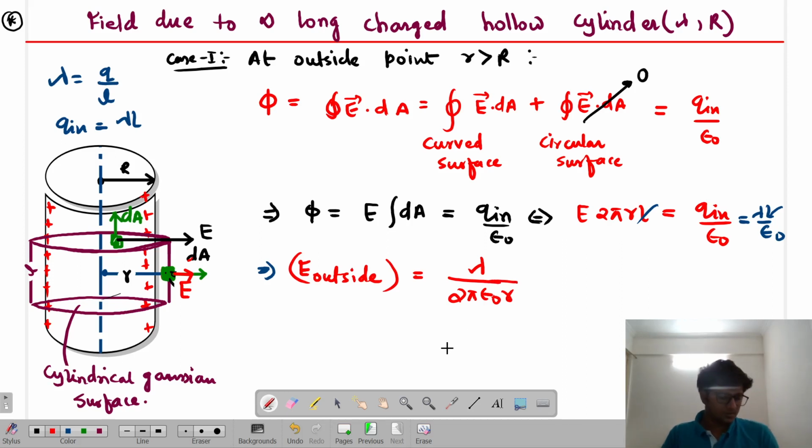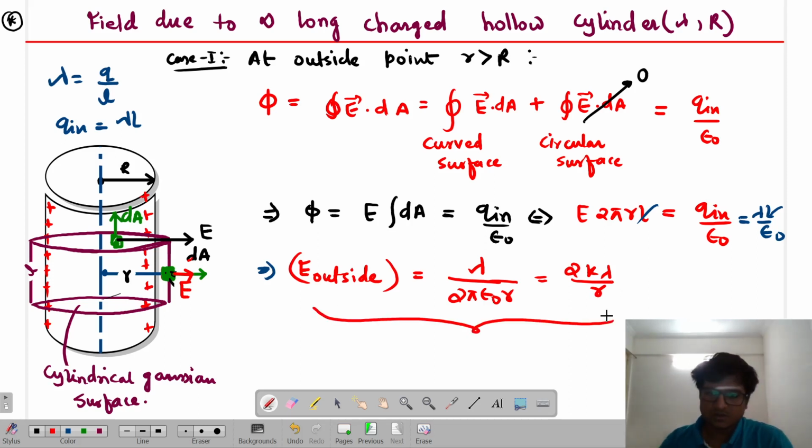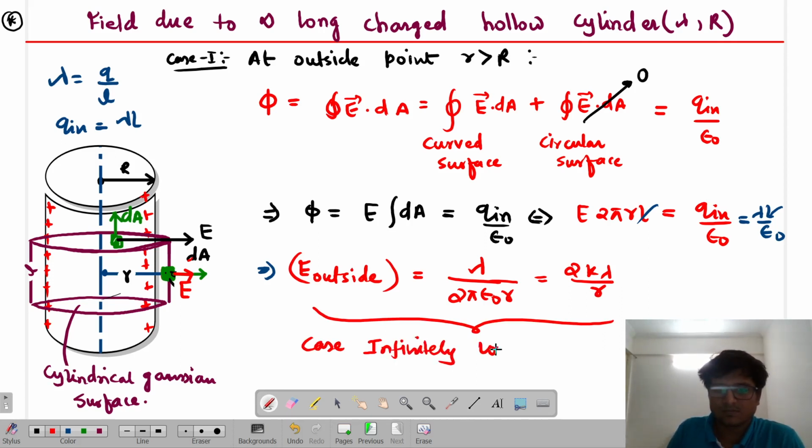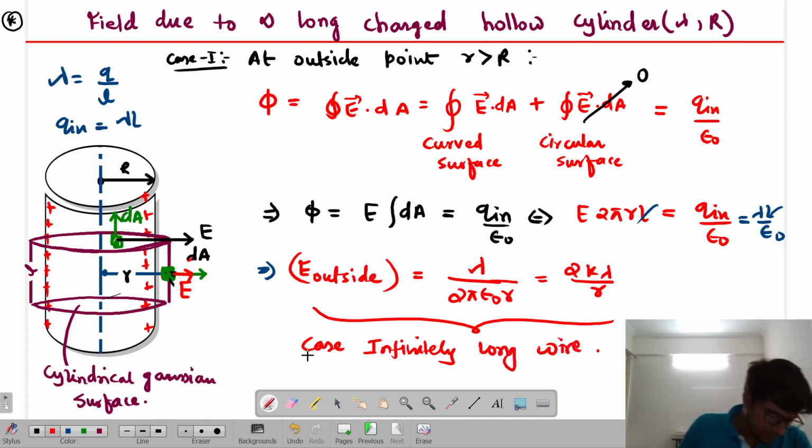Is that clear or not? If I multiply by 2, it will become simply 2k lambda by r, which is similar to the case of an infinitely long wire. Is that clear? Are you able to get me?